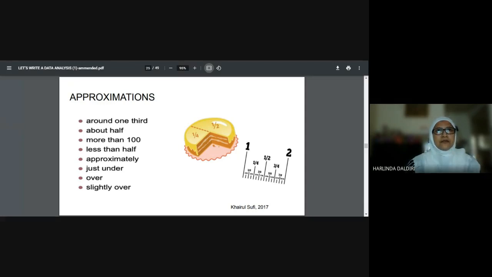You don't have to exactly use the number 50%. This will show that you understand numbers and you know how to use alternative expressions.